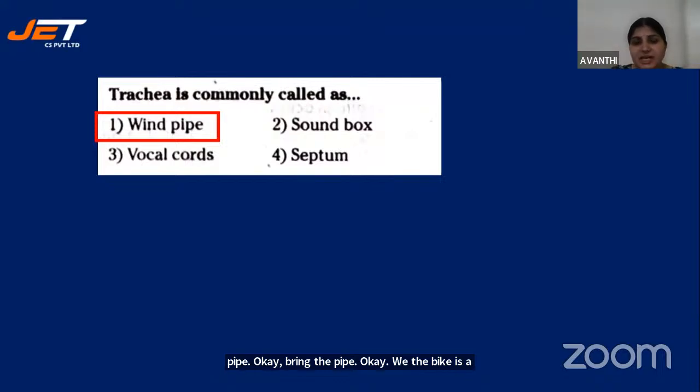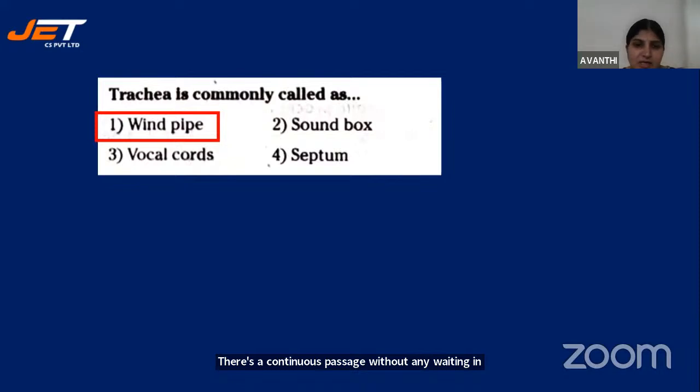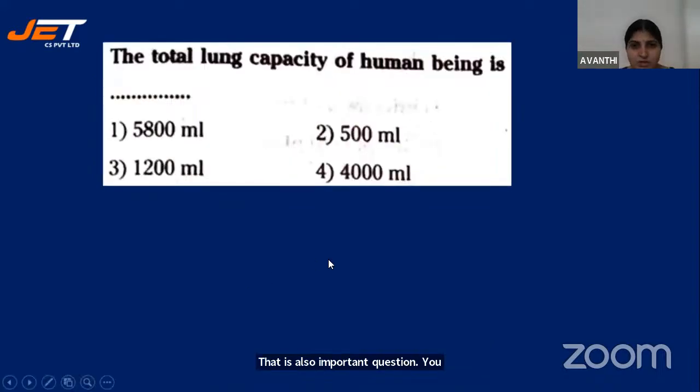Whenever we inhale, there is a continuous passage without any break from the nostrils until the air reaches the alveoli of the lungs. So the trachea always has cartilaginous rings so that there will be no breakage and the air passage will be continuous. You may get that question too. The trachea has ring-shaped cartilaginous rings, which prevent the trachea from collapsing. That is also an important question you may get from this tracheal concept.